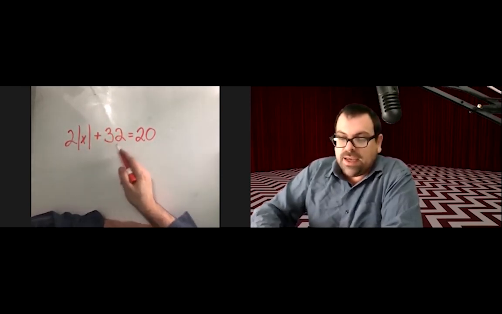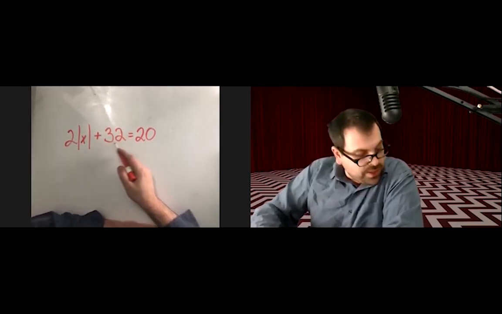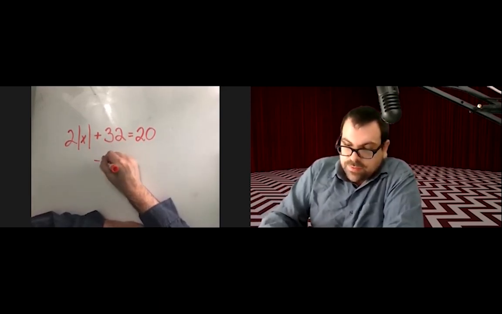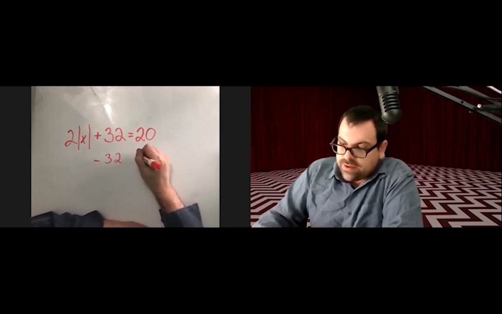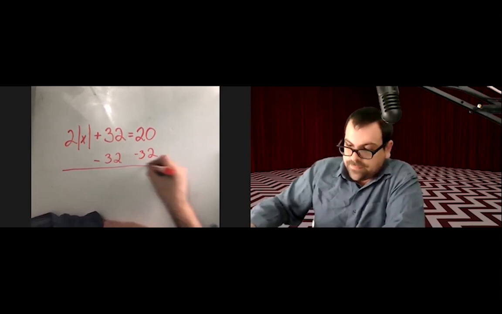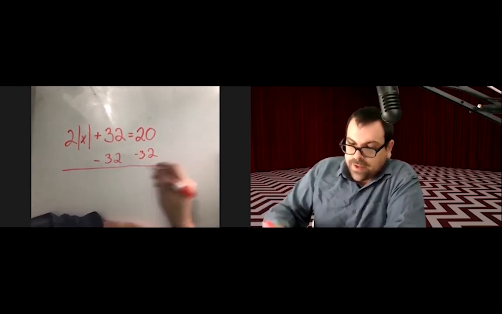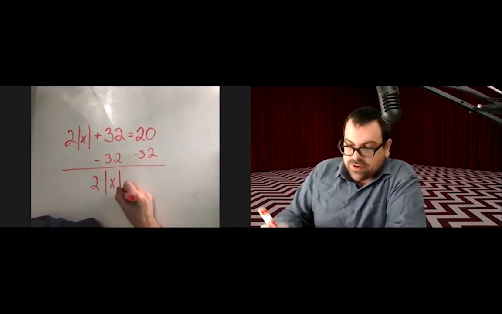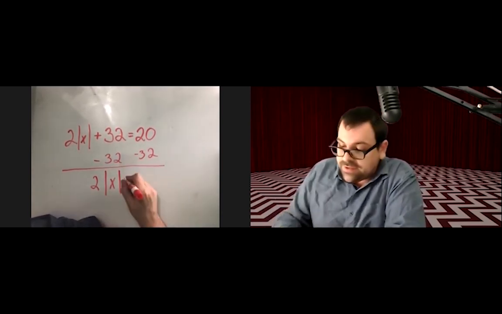So we would need to get rid of plus 32. So I'm going to go ahead and subtract 32 from both sides. I'm left with 2 times the absolute value of x on the left.